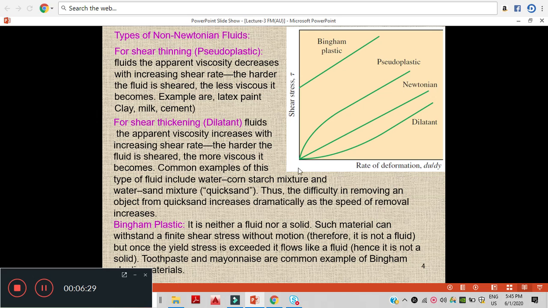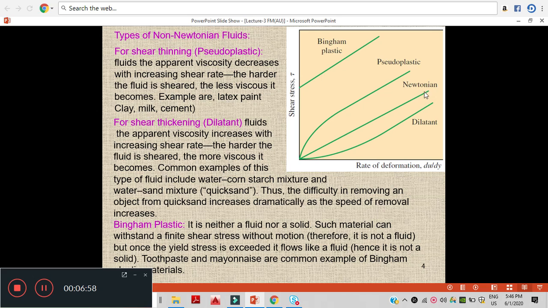Here you see, this is the yield stress required to flow Buckingham plastic fluids. We apply force, it doesn't move. We apply force, it's not moving. But when it reaches its yield stress, the toothpaste or the mayonnaise comes out from the outlet. Such kinds of fluids are called Buckingham plastic fluids.